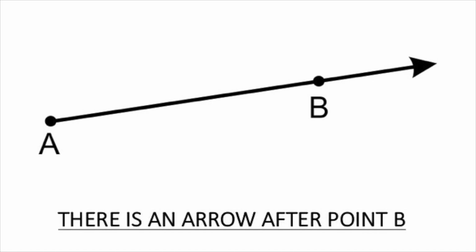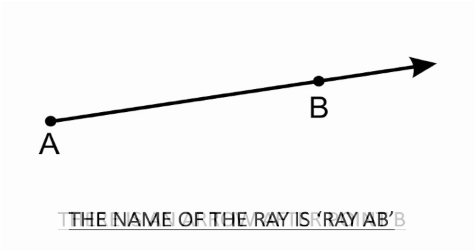There is an arrow after point B. You see it here? Yes, excellent. Telling us which way the line is going. The name of the ray is ray AB or ray BA. Up to you.